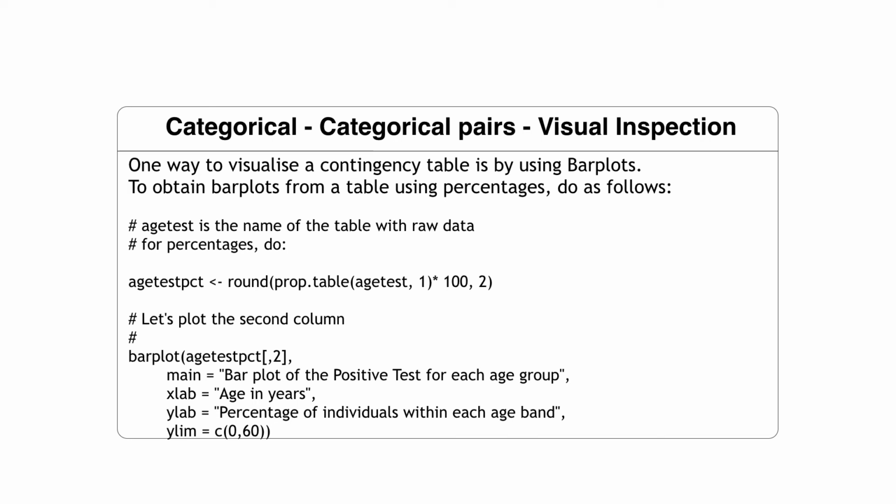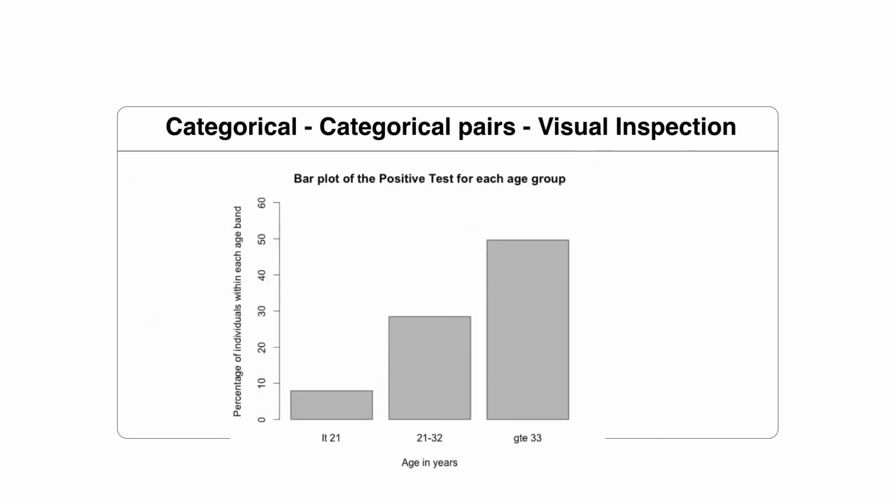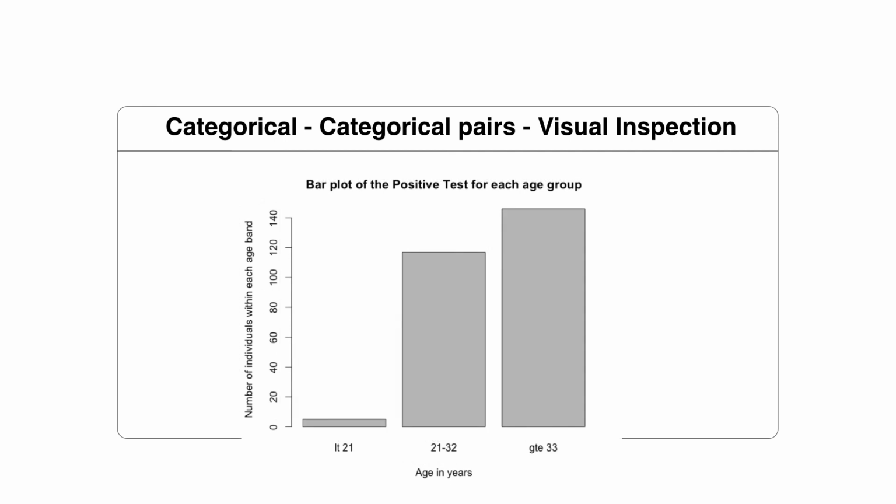So here is the result of that graph, and as you can see there is a corresponding high increase in the percentages for people who were 33 years or older. If you do the same thing but with just numbers, you see that again there is an increase, but note the difference. That increment is not that much.